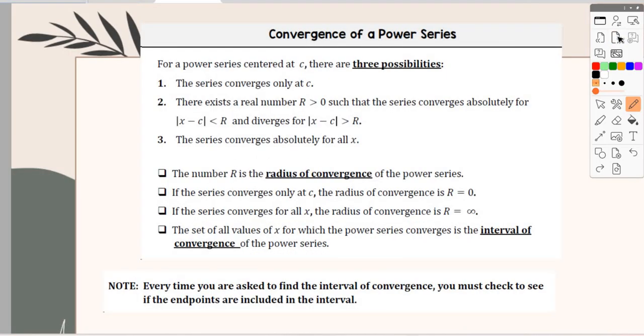Now, there's a lot of words on here, but for the most part, I want you to write down that we have 3 possibilities: that our series converges only at c, that it converges for some interval of absolute value of x minus c less than r, or the series converges absolutely, converges everywhere.